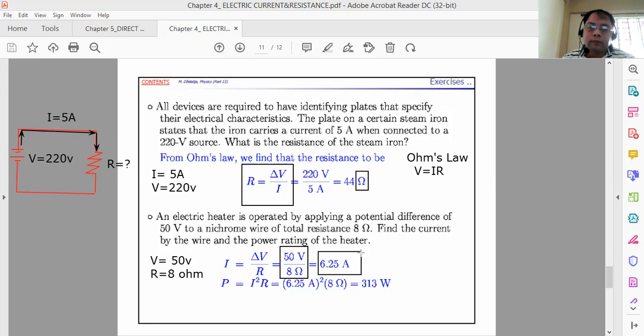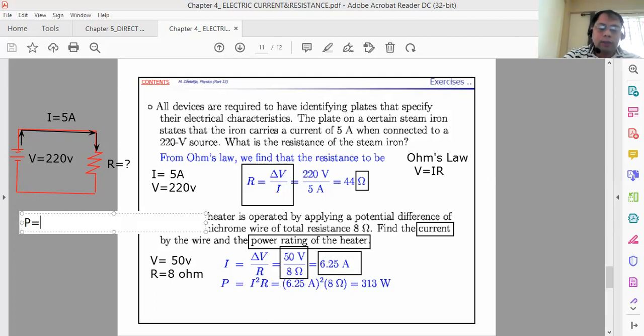Now that 6.25 amperes is the current that we are looking for, that will also allow us to find the power that the circuit, or the heater, needs. And remember, we have 3 equations for power. If we calculate the electrical power, the first formula we can use is VI. That's possible.